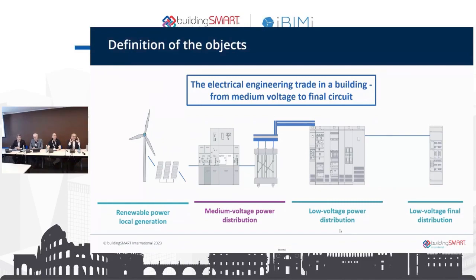So the objective is really to design an efficient building. We know that this building is part of a grid, but that's another domain we can address second. And this other domain is already addressed by other standards, especially for the grid. There is an IEC standard 61850 that describes this pretty well. So we don't need to do it if it's already done.